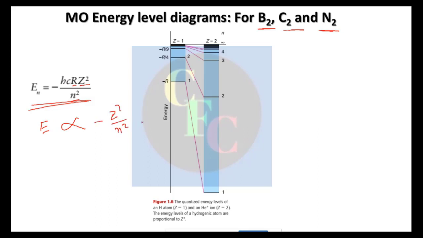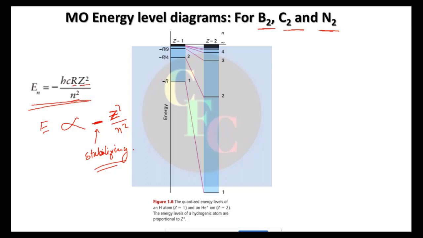As Z increases, what will happen? The energy will decrease. Why? Because there is a negative sign, which means this is stabilizing in nature, because there is an attraction.